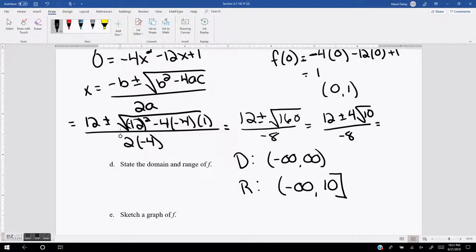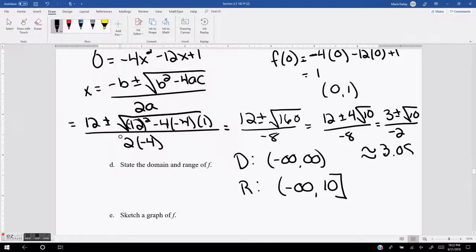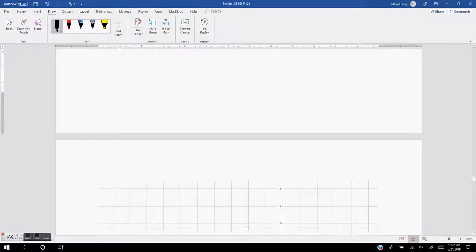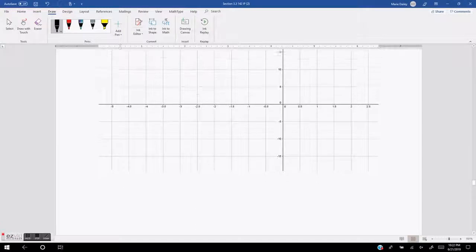Everything's divisible by 4, so it reduces to 3 plus or minus the square root of 10 over negative 2, which is approximately 3.08 and negative 0.08. All right, so now I've got plenty of points so we can sketch this out.